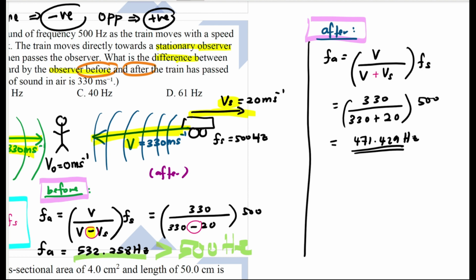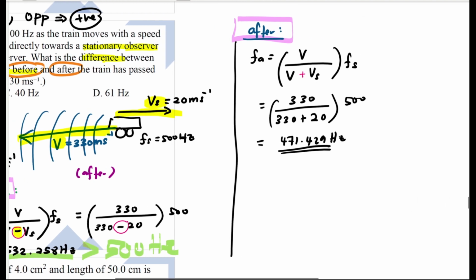But when the train is moving away from the observer, the value of the frequency heard by the observer is less than 500 Hz. So betul lah. Okay. Tapi soalan minta kita kira apa? Soalan minta kita kira the difference between frequencies of the sound heard by the observer before and after.